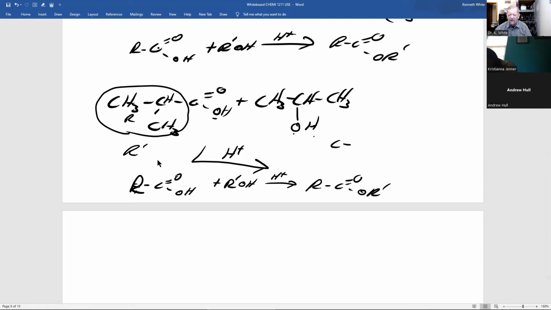What's my R group? These three carbons, carbonyl compound, oxygen, oxygen there. Now, remember, the hydroxyl group carbon in R prime is the carbon bonded to oxygen in R prime in my ester. And that's this one. So I have my isopropyl group, and wow, that's an interesting looking ester.